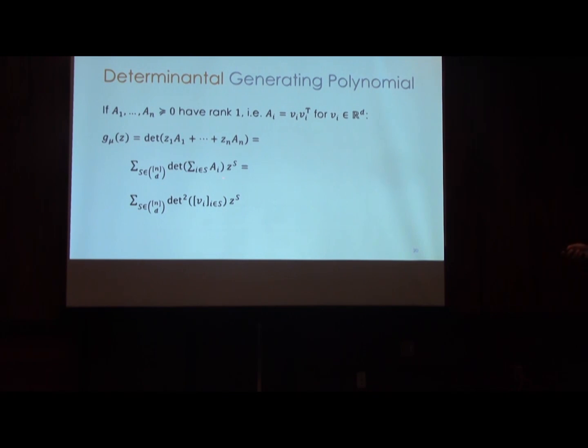You could have seen this from A_i's being PSD as well. So here's the picture. I have these vectors, and I choose a subset of size d of them. So here d is equal to 2. So I choose a subset of size 2, and the probability of choosing that subset of size 2 is going to be proportional to this volume squared.